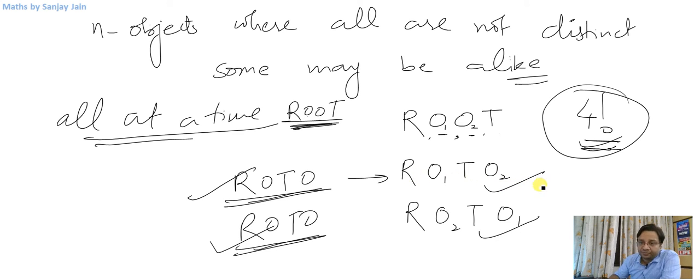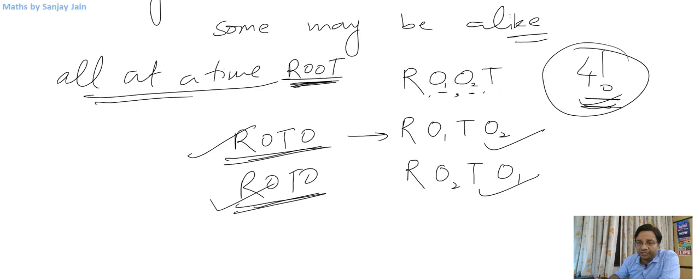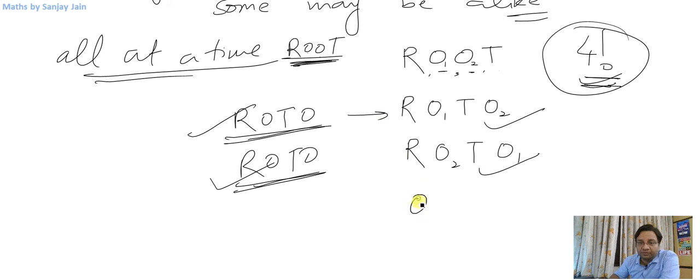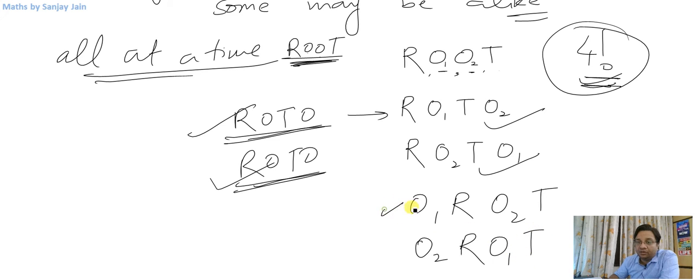Because whatever arrangement that you will take for O1 and O2, for example, one of the words will be O1R O2T. Okay. Second arrangement will be O2R O1T. Now these are not different arrangements when you look at this, because O1 O2 I have taken just to show you how it would happen when these were different. Now when these two are same, these two arrangements are same arrangement.